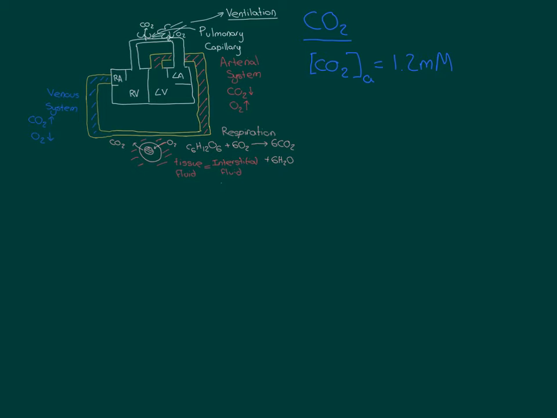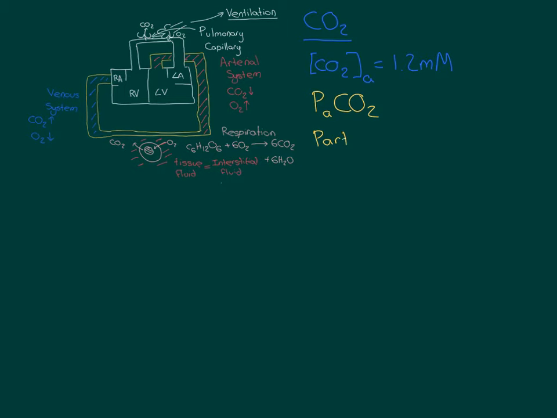And I just want to explain what people mean when they say there is this partial pressure of carbon dioxide in the arterial blood. So people will say something like this: the partial pressure, so P for pressure, and then we'll subscript it little a for arterial, and then we'll have CO2 like so. So this means the partial pressure, and I'll just write down in full what this means.